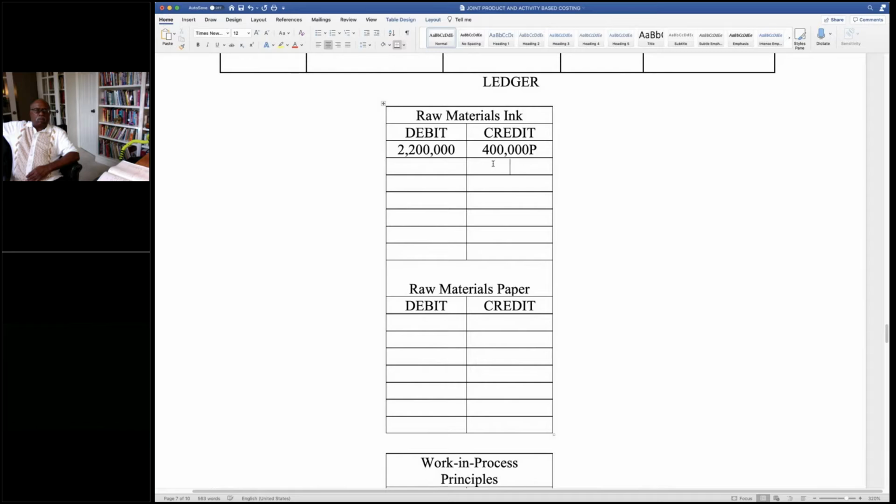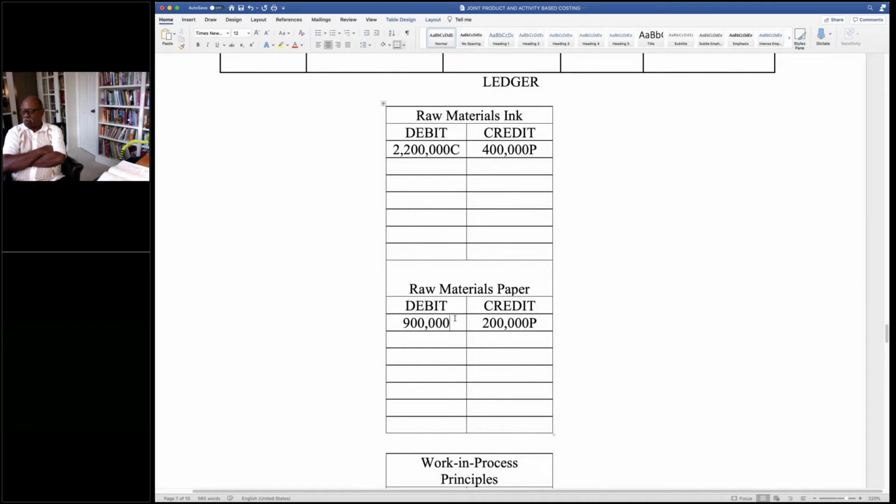And so if we go to the paper one, we spent $900,000 as a company on paper. And then so far, principals has spent $200,000, has transferred $200,000 of that into their factory.